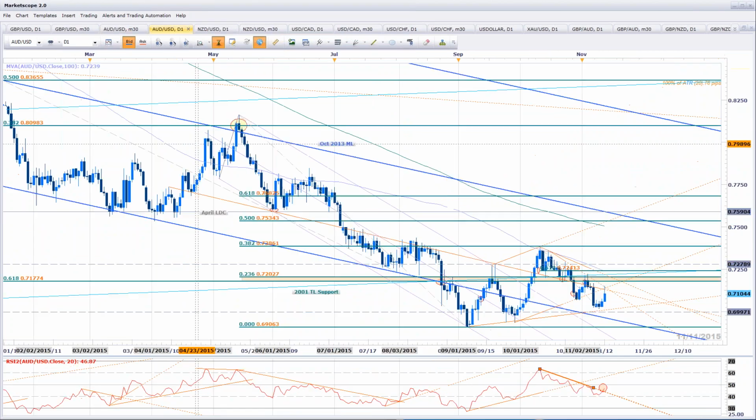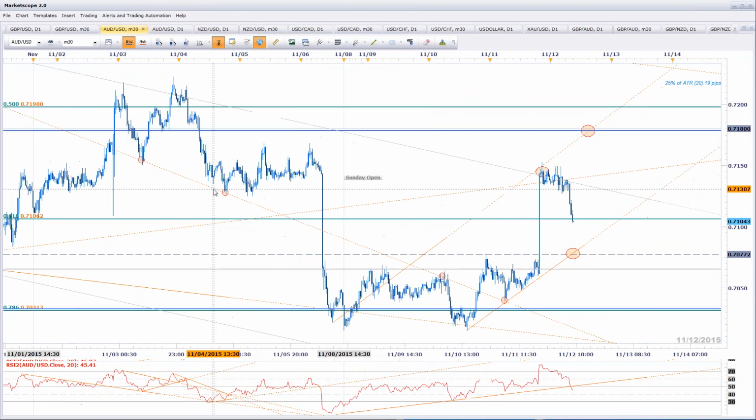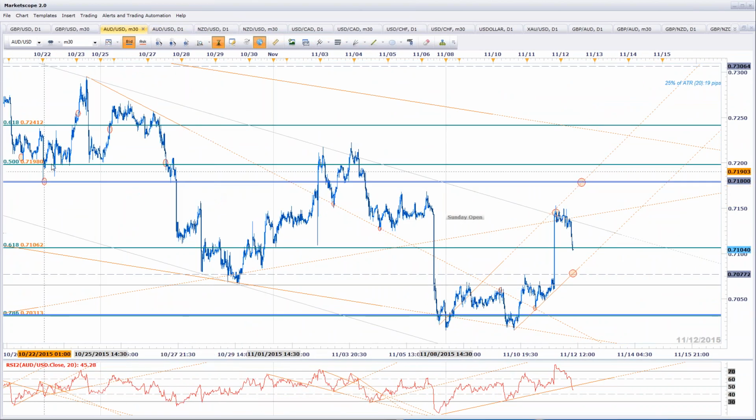For the breakout, you'd really need to clear this region here, the 72 handle, and you can see that on the intraday charts as well. Basic 50% of the decline. Any questions on Aussie dollar?